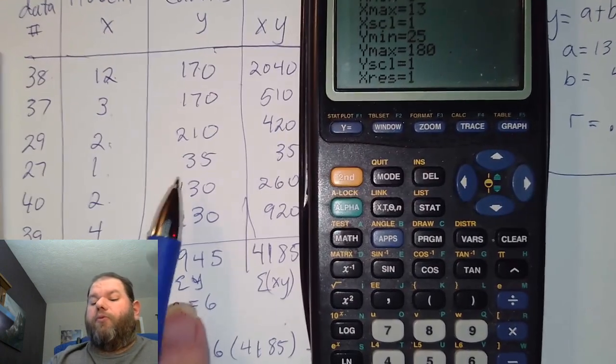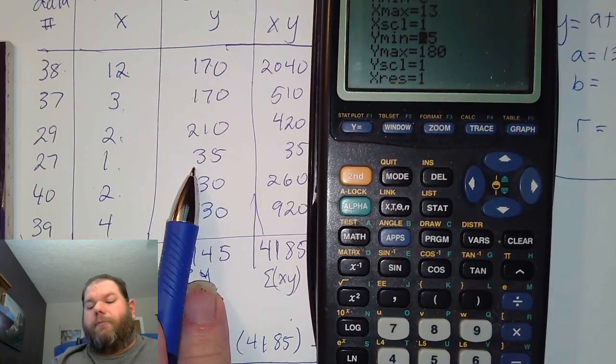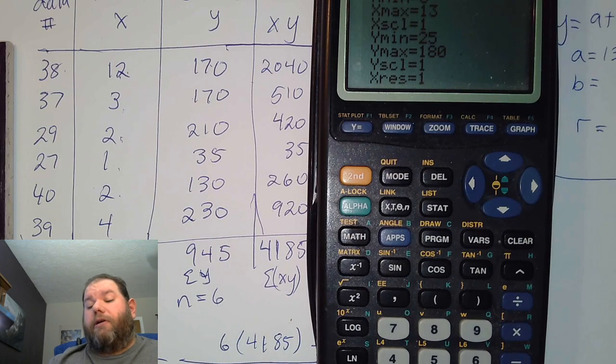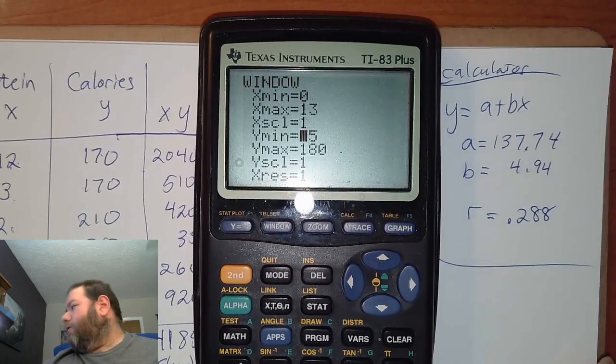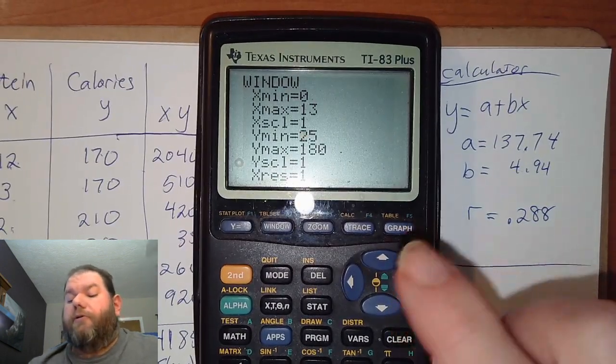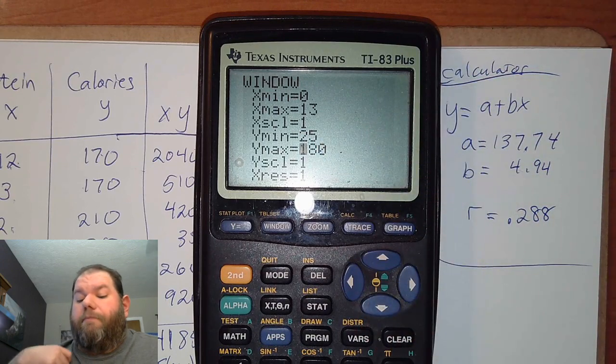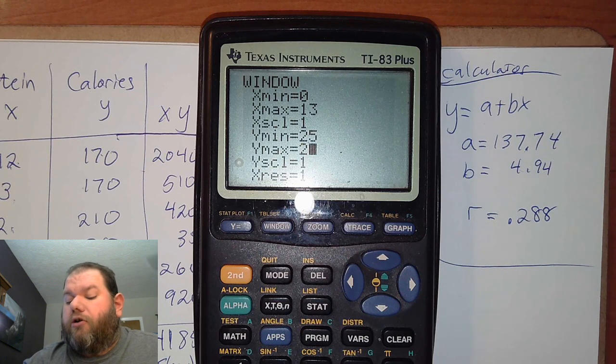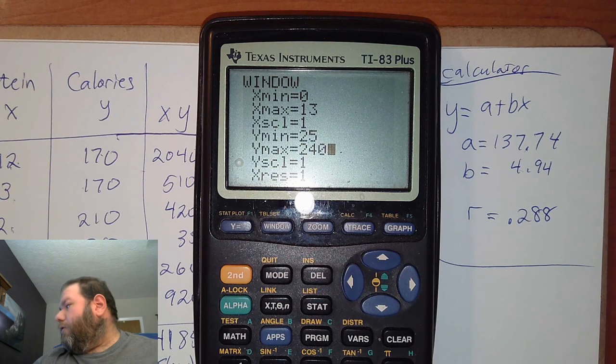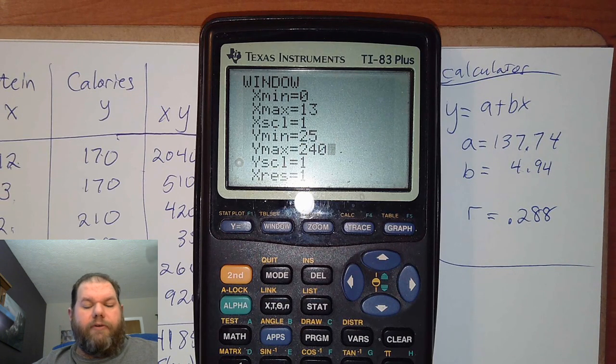Minimum for y, we have 35 as our small one and 230 as our big one. So I'll go a little bit smaller than 35. I'll put 25. And if 230 is our largest, I'll go up to 240, just to have a little bit more room on either side.